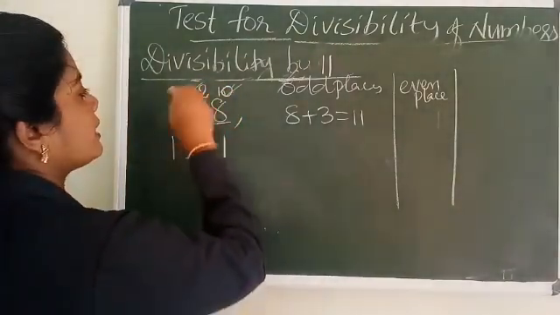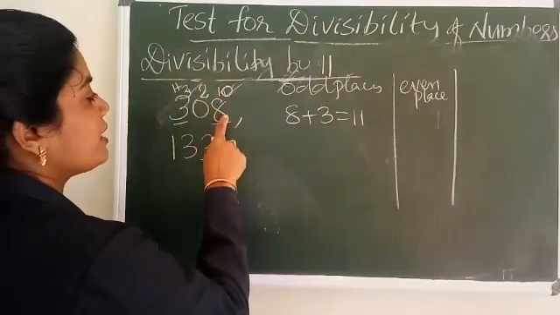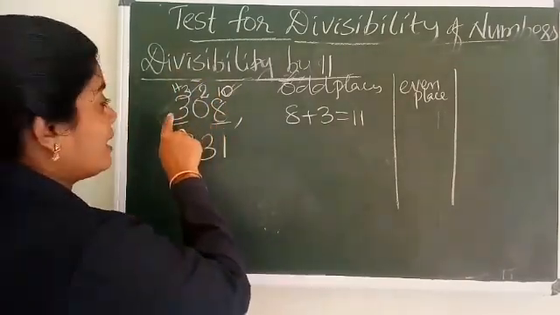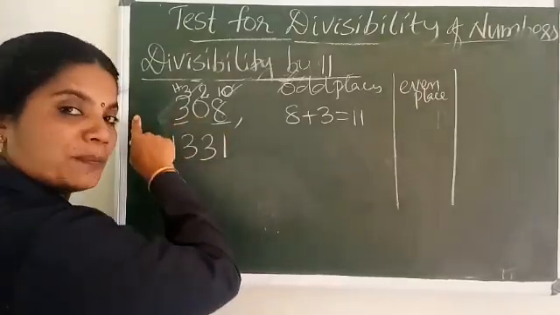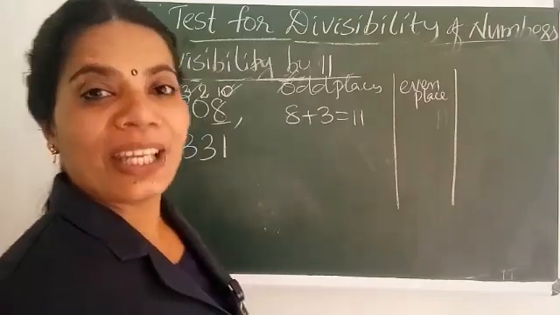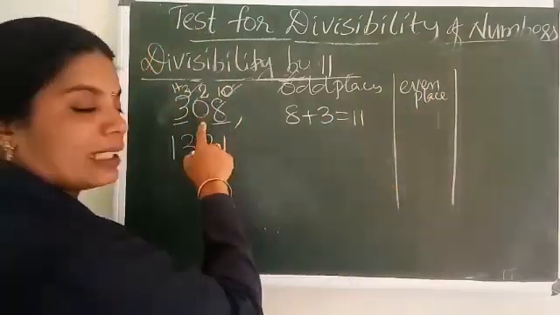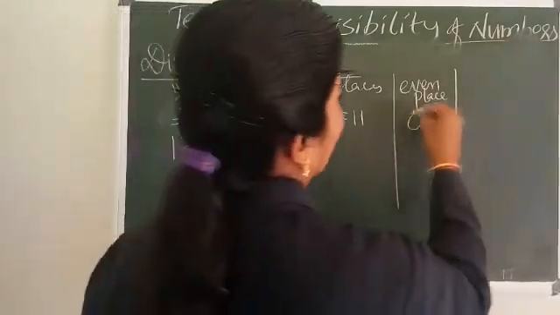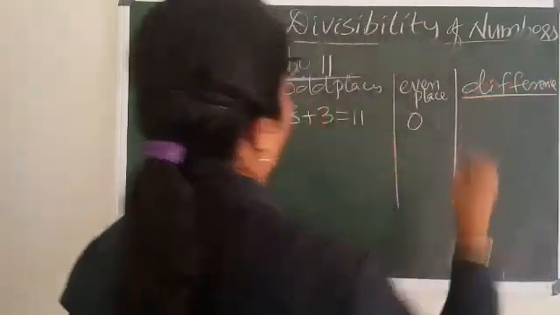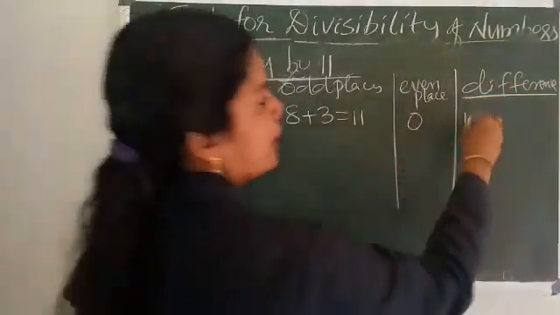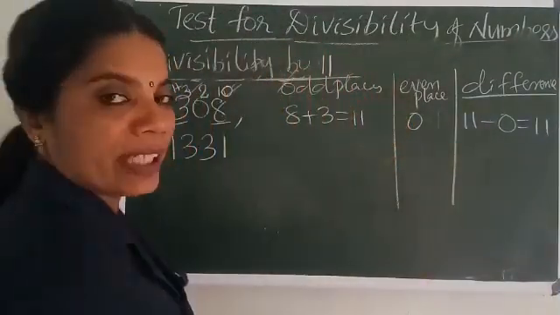The hundreds place is the third place, odd. So ones and hundreds places are odd places, and tens and thousands places are even places. Here the sum of the digits in even places has only one digit, that is 0. Then find the difference: 11 minus 0 we get 11.